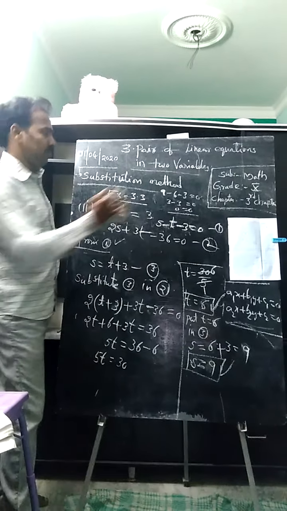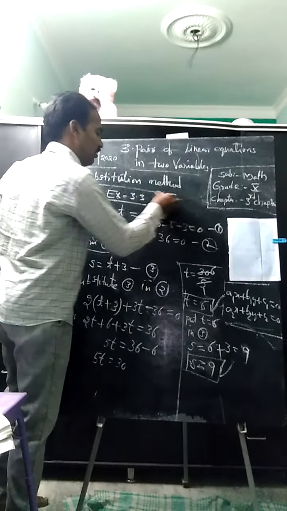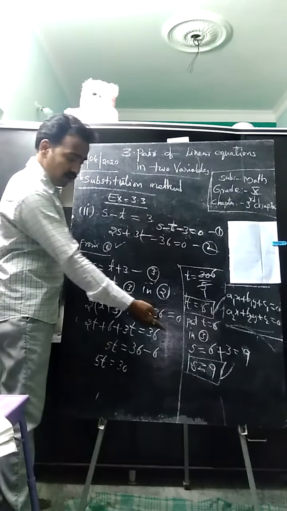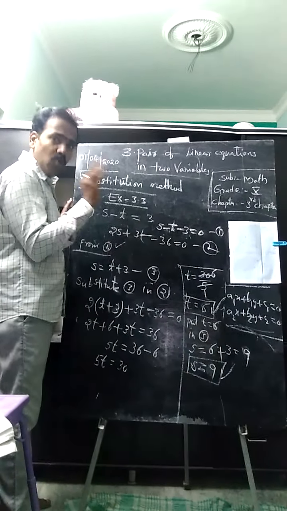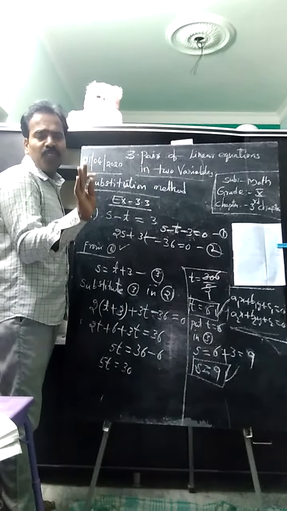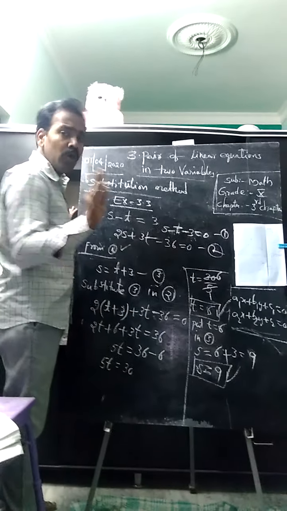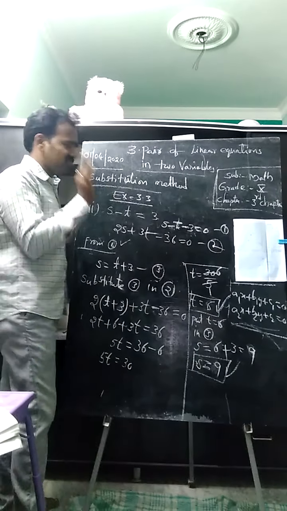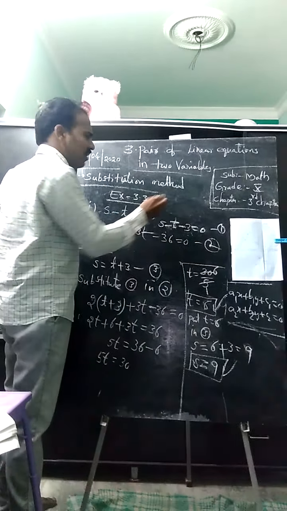So it is true and our solution is correct. But check the other equation if you want. This is only verification, not a part of the problem, to know whether your answer is correct or not. If you do it as part of the problem, that is also not wrong.